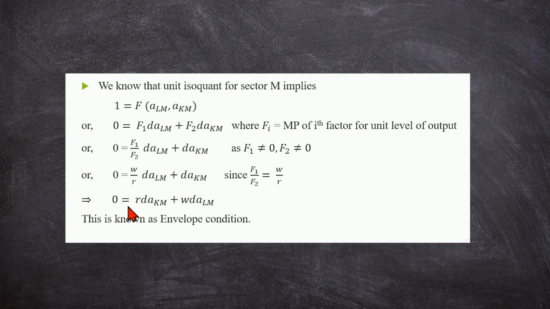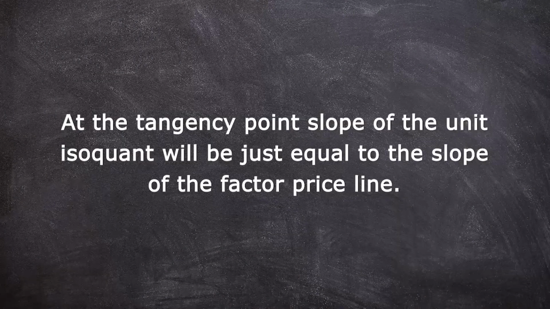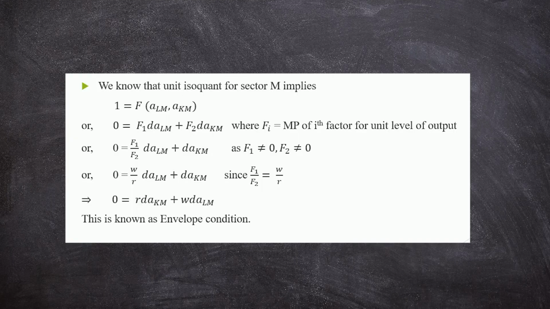This we get from the tangency condition between the factor price line and the unit isoquant. At the tangency point, the slope of the unit isoquant will be just equal to the slope of the factor price line. Now, the slope of the unit isoquant is F1 by F2 and the slope of the factor price line is W by R. So, this we get from that tangency condition: F1 by F2 is equal to W by R, and by putting this value, we get this condition.